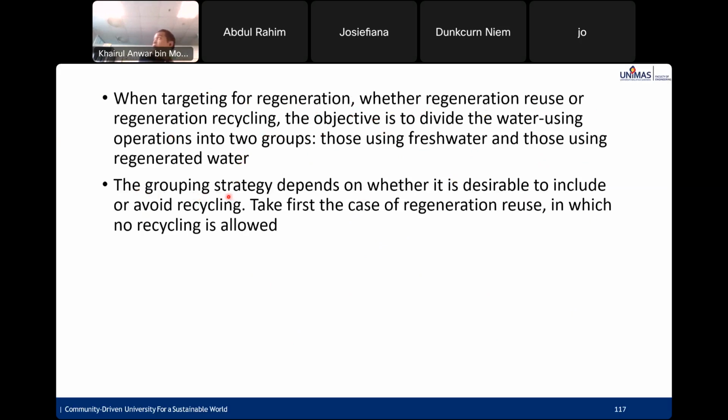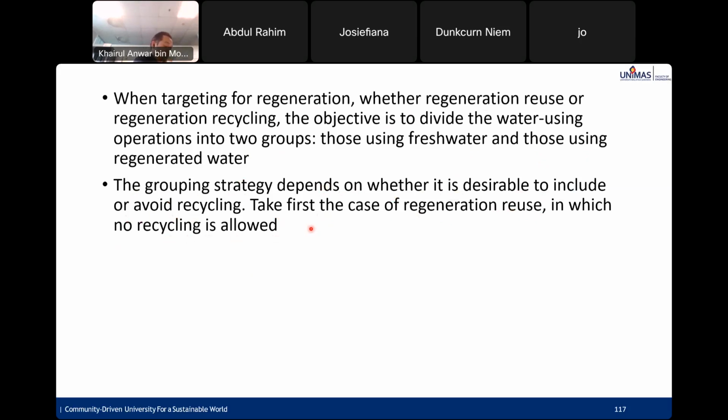The grouping strategy depends on whether it is desirable to include or avoid recycling. Take first the case of regeneration reuse, in which no recycling is allowed.